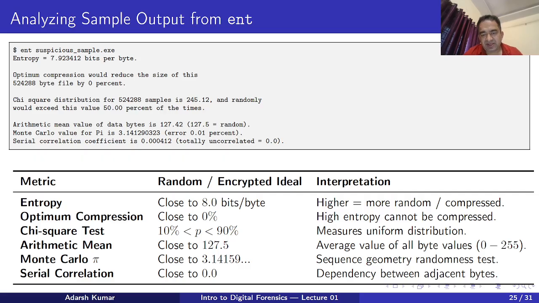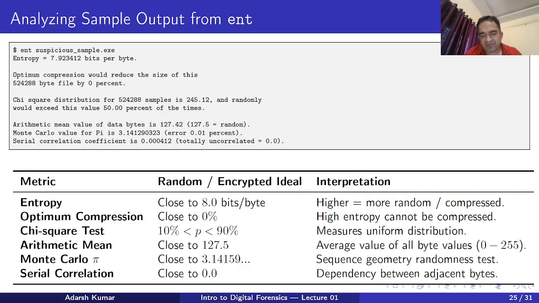When you run ent on a file like this suspicious executable, it runs a series of statistical tests and outputs the result. As you can see, our sample scored an entropy of 7.92 bits per byte, which tells us it's almost completely random or encrypted. The output also shows that optimum compression would reduce its size by 0%, meaning we can't compress it any further.